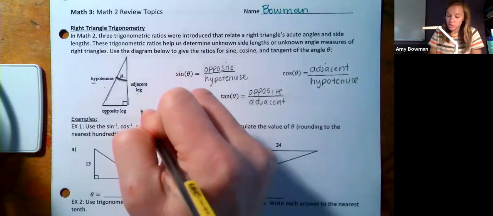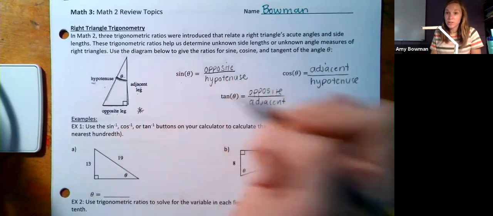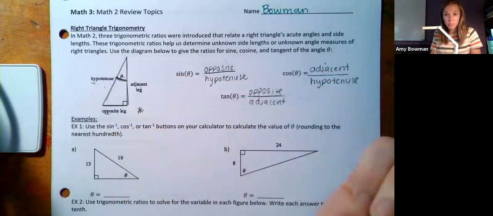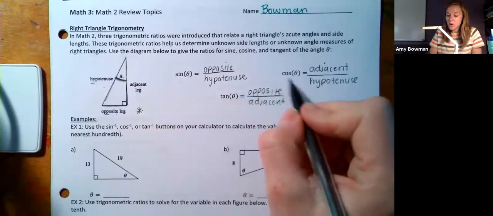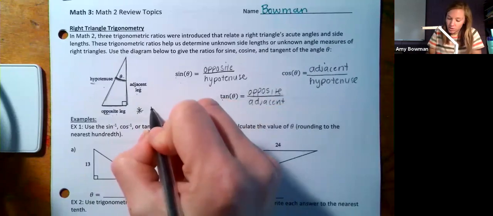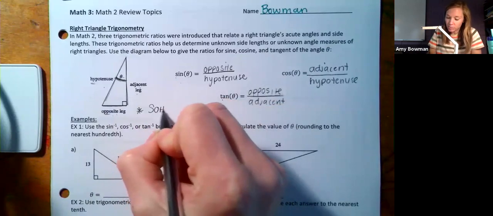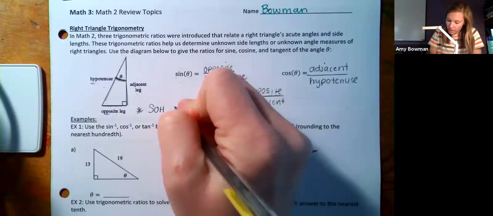That's why hopefully you are familiar with the phrase SOHCAHTOA, which is a made-up phrase that uses the letters of sine, cosine, and tangent. SOHCAHTOA is the helpful way.